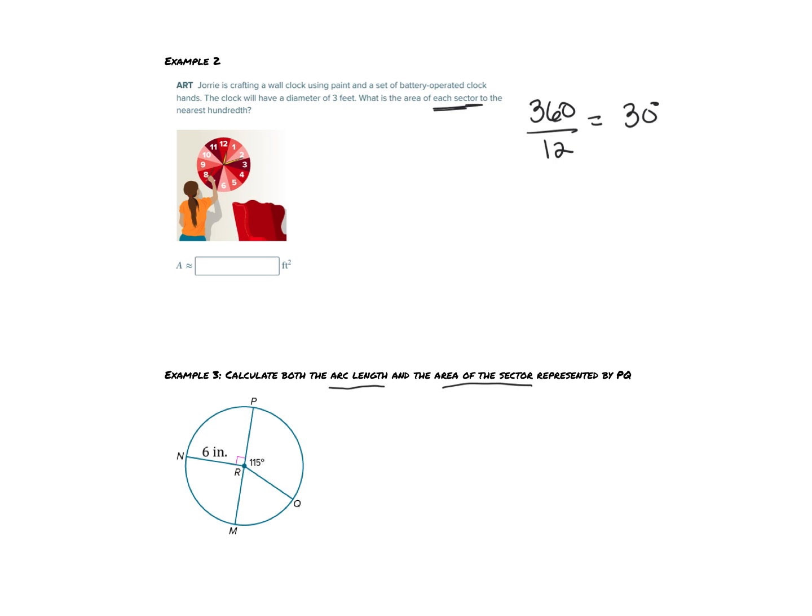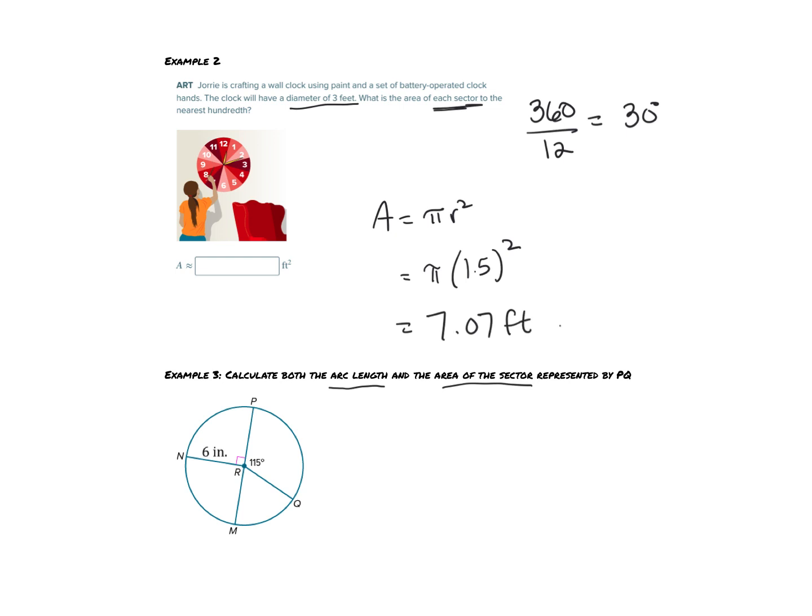Then I'm going to calculate the total area. Again, the diameter is 3 feet, so that means my radius is 1.5. When you calculate the total area, you're going to get 7.07 feet.